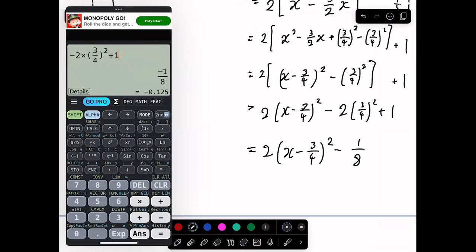Clear? And I'm going to factor out a 2 as well. So now this becomes x minus 3/4 squared minus 1 over 16. Is that okay? Factor out a 2 so that the coefficient in front of the x is 1.